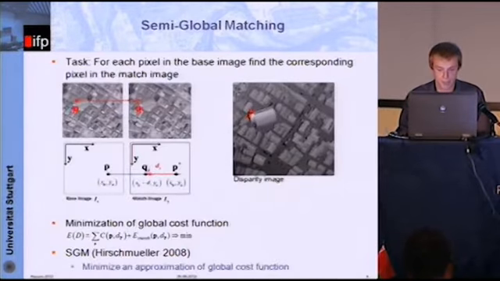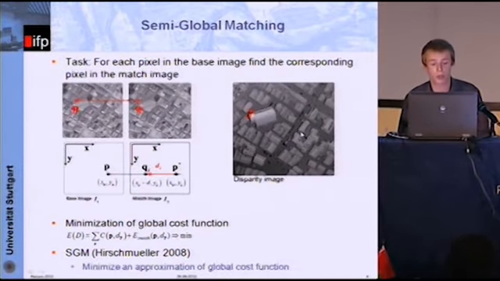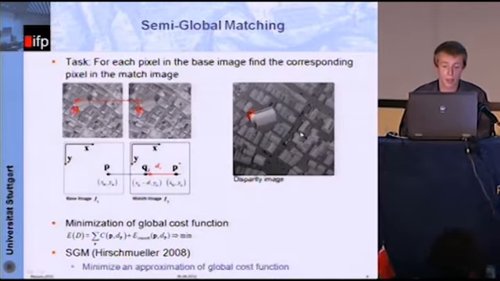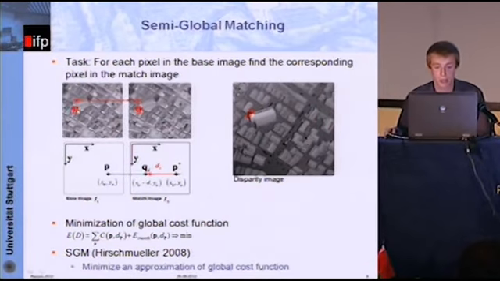Okay, then we have the semi-global matching, which was introduced by Hirschmüller. I just want to talk more generally about it in the beginning. So the task is to find corresponding pixels in the images. For example, you have the pixel representing the top of the church, denoted by P. You want to find the correspondence Q in the match image.